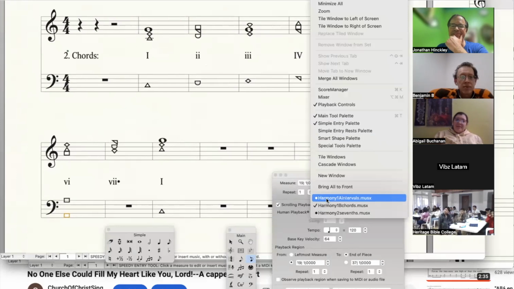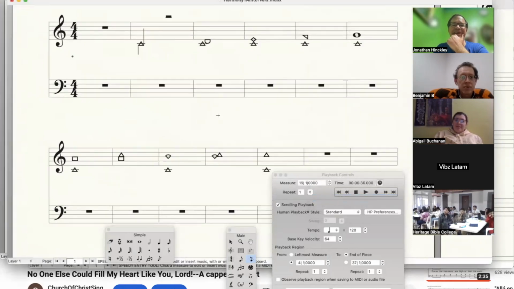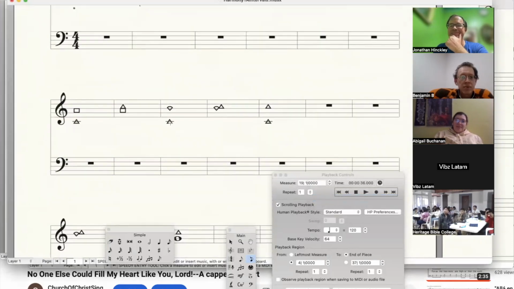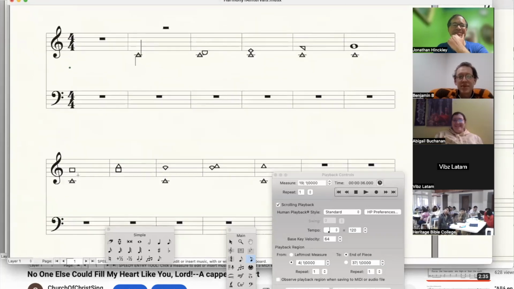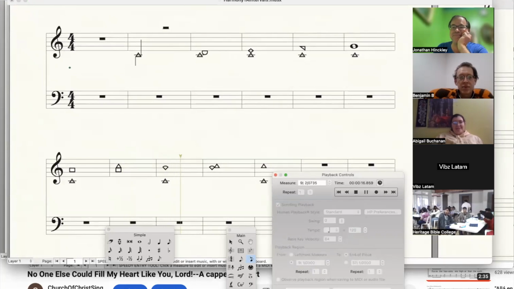We have this interval, the evil interval. You remember that? 1, 2, 3, 4, 5, 6, 7, 8. Let's hear it. Or this one, right? You have that in there.